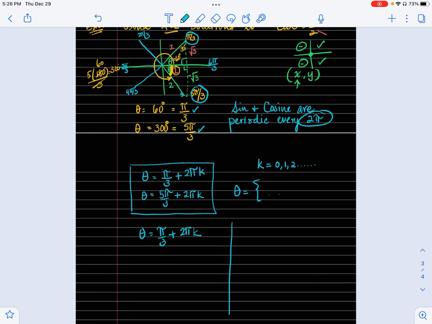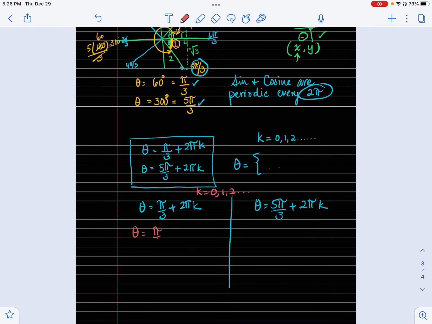Let me make two columns here. The other one, 5 pi over 3 plus 2 pi k. And like I said, we're using values of k as 0, 1, 2, 3, and so on and so forth. Let's go ahead and find a few answers. Pi over 3 plus 2 pi times 0 would get me the very first answer. And then pi over 3 plus 2 pi times 1. I can't really add it like that, so I will have to convert it by multiplying by 3, so 6 pi over 3, and that'll make it 7 pi over 3.